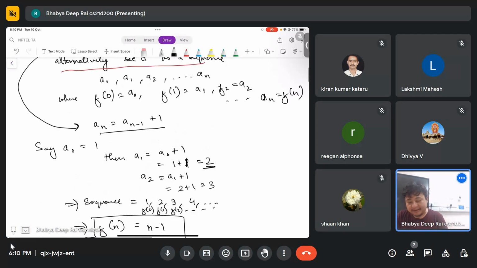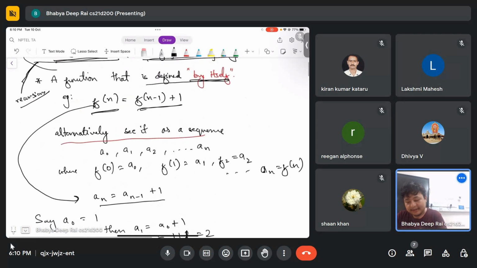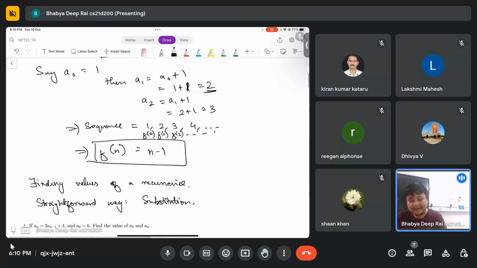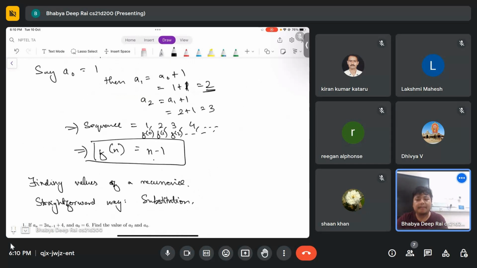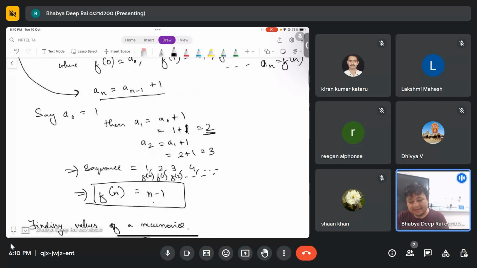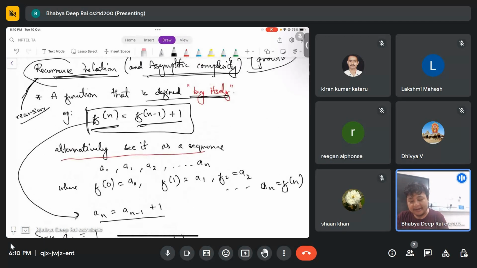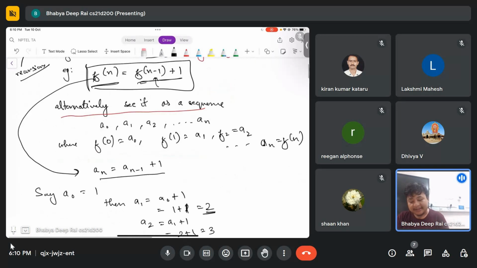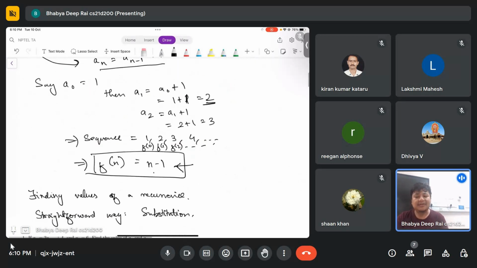Instead of defining f as f(n) equals f(n-1) plus 1, f(n) could have been written as n plus 1. You can just cross verify, try substituting it online, and you will see that f(n) is indeed this function. And this function is what is called the closed form.